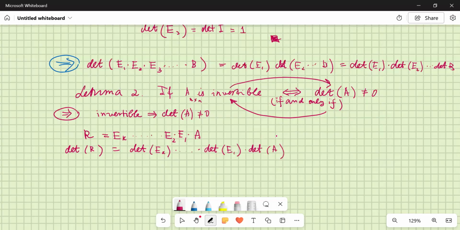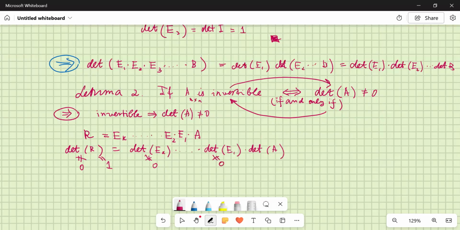Because A is invertible, determinant of this is not equal to 0. And actually, that's because it's identity matrix. It's going to be equal to 1. Determinant of all elementary matrices are not 0, just because we know that it's either -1 or 1 or k, depending on which operation it was.